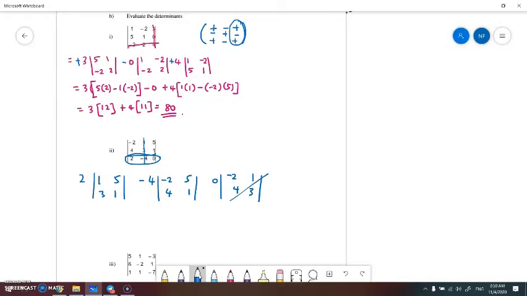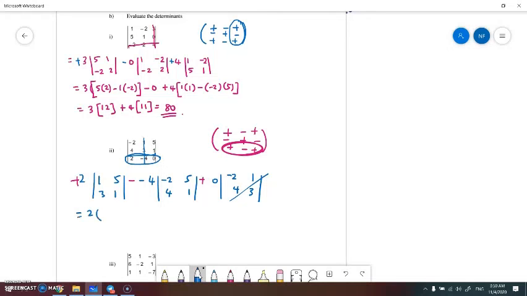You don't have to write this, it's okay, because after this you will multiply with 0, right? Okay, and then you check the positive negative signs. So you go plus, minus, and then plus.